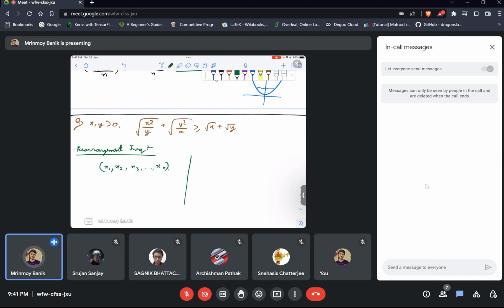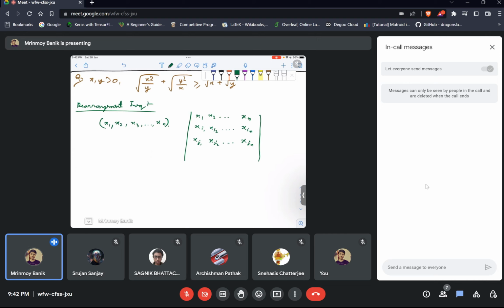You make a matrix, a permutation matrix out of it. So the top row has the elements as they are, in any order. Now you just take any random permutation of these n elements, say xi1, xi2 up till xin, and take another permutation xj1, xj2 up to xjn.